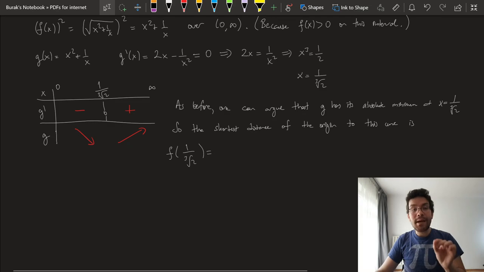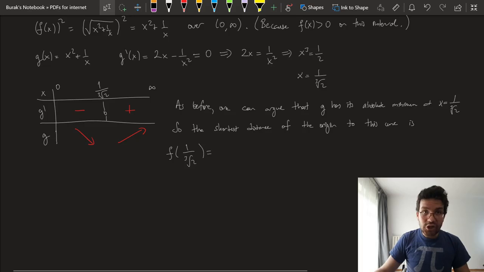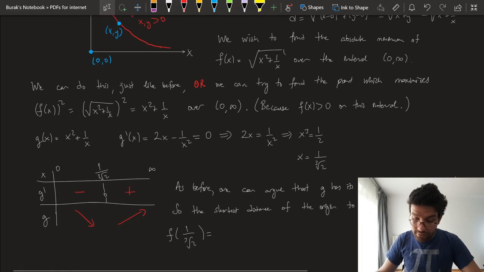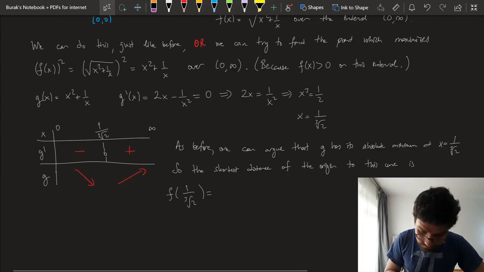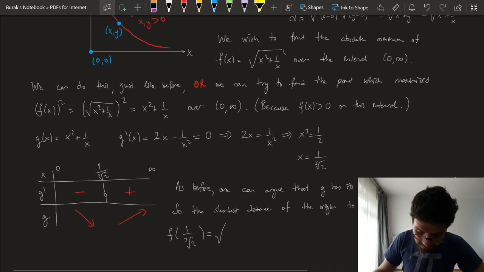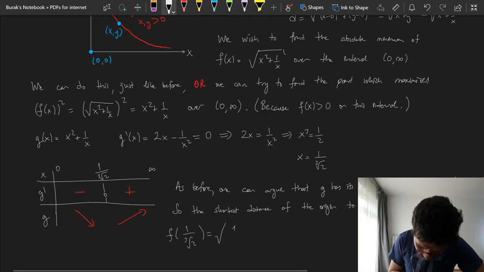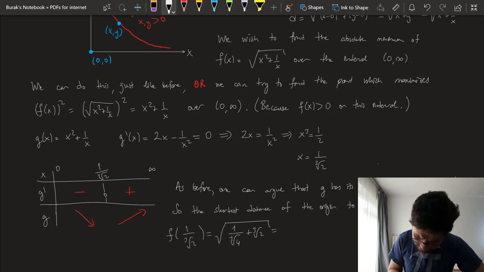Now, as you can see, I'm plugging this into f, not g, because g is the distance squared. The actual function which gives me the distance is f, so I'm going to get 1 over cube root of 4 plus cube root of 2, so I get this very ugly number, whatever this is.